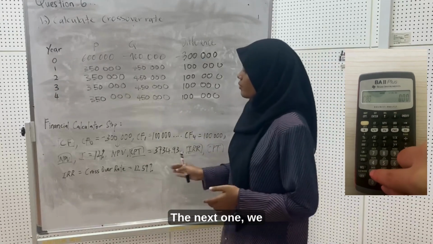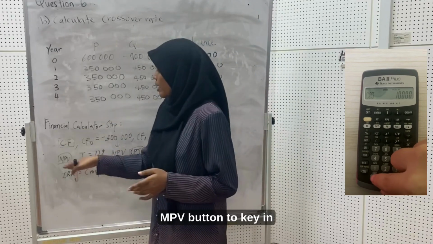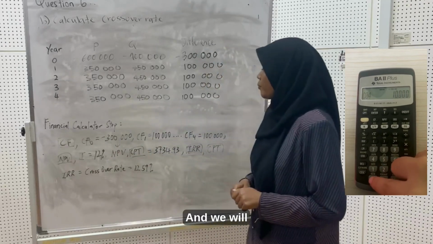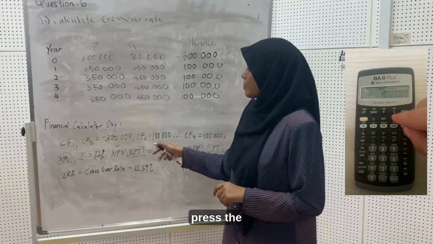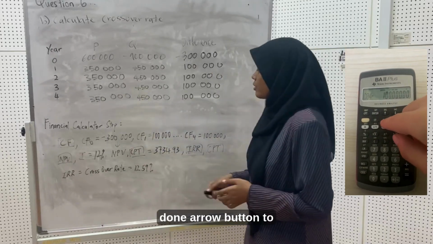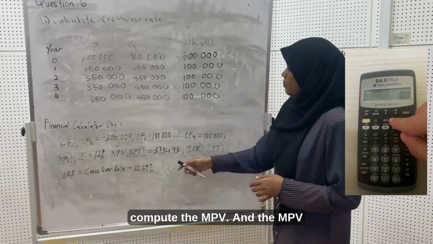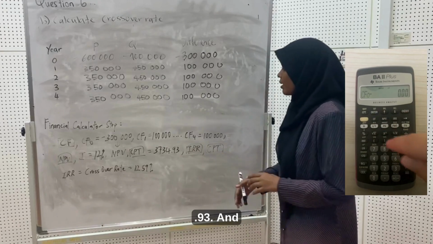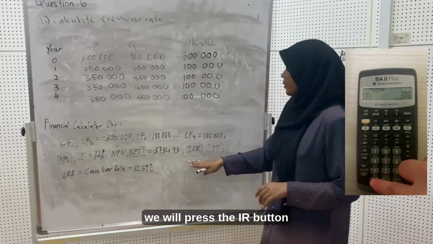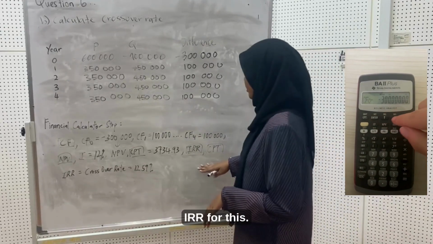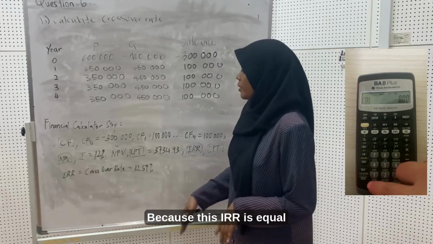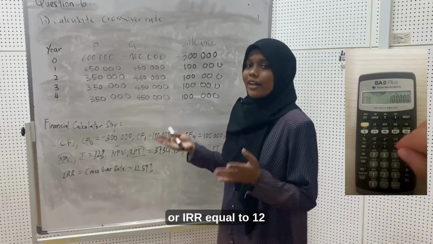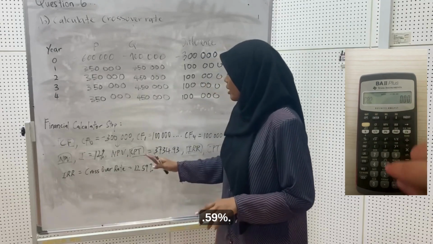The next one, we press the NPV button to key in the interest rate, that is 12%, and press the down arrow button to compute the NPV, which is 3734.93. Then we press the IRR button and press compute to get the IRR, because this IRR is equal to the crossover rate. So the crossover rate equals 12.59%.